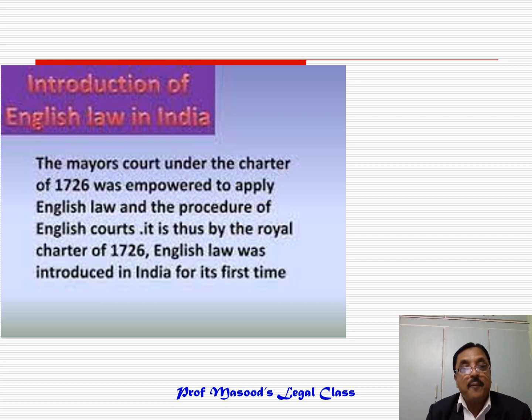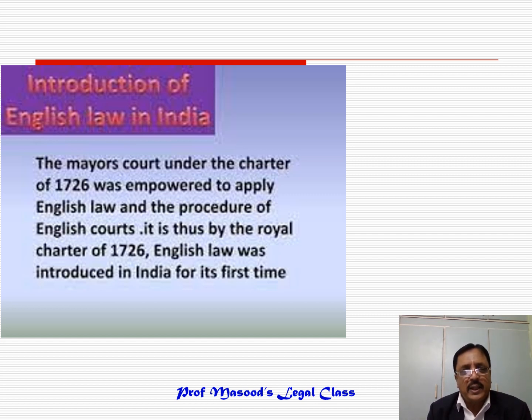Introduction of English law in India. The Mayor's Court under the Charter of 1726 was empowered to apply English law and the procedure of English courts. It is thus by the Royal Charter of 1726 that English law was introduced in India for the first time. See, even in the present era, whatever laws we have, derived from the Central Act or the State Act, we have basically derived from British law, and because of that more than half of our law was enacted before independence, that is 1947.